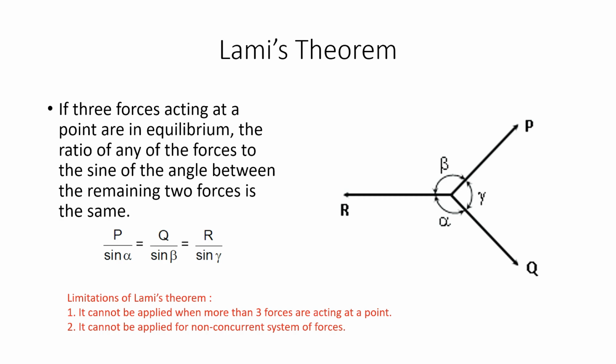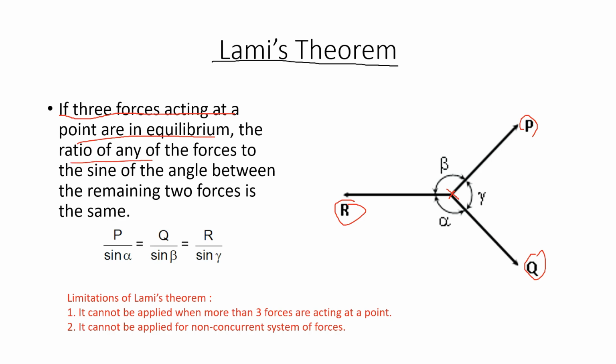Now we will go for the last part, that is Lami's theorem. So let us understand what Lami's theorem is. If three forces acting at a point are in equilibrium, so let us say three forces are acting: force P, force Q and force R. Those forces are acting at a single point and are in equilibrium.